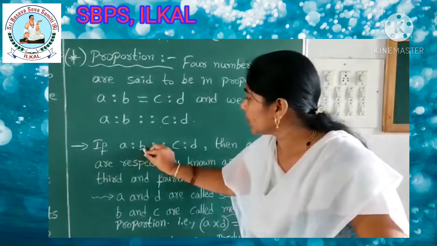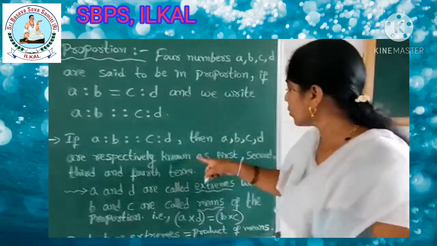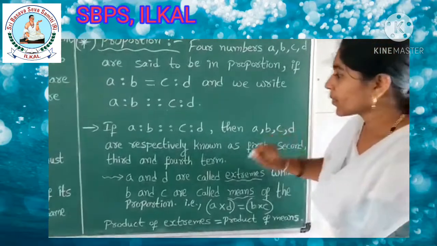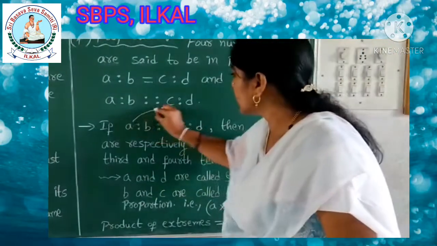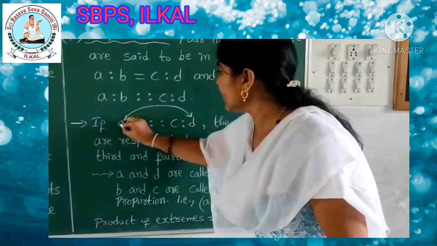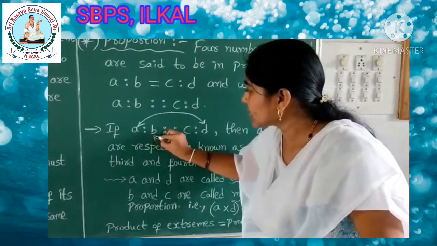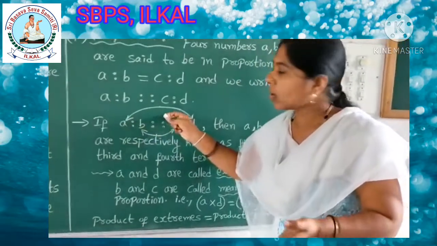If A/B is proportion to C/D, then A, B, C, D are respectively known as first, second, third and fourth terms. And A and D are called extremes. Here, observe, A and D we call as extremes. B and C we call as means. Extreme terms, middle terms, or mid terms.